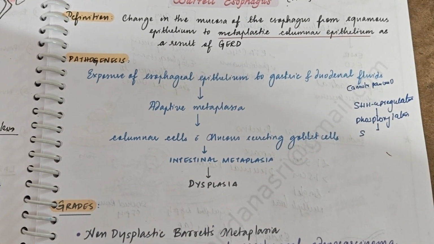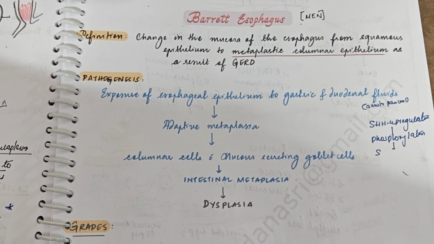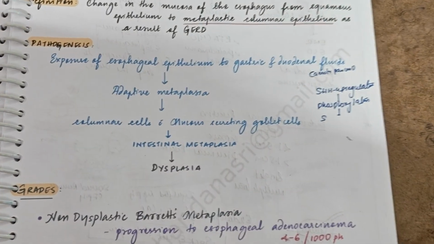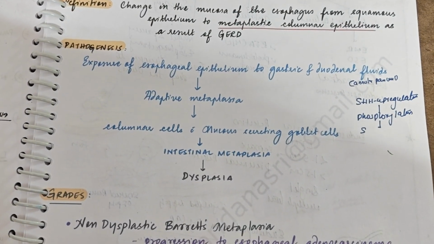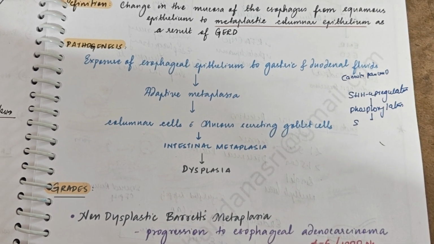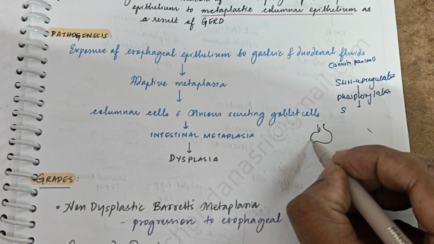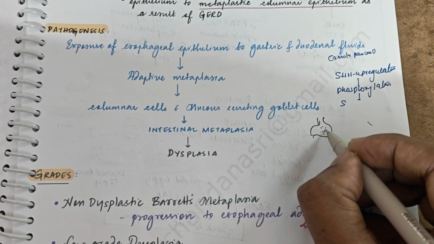Now, let us understand how Barrett's esophagus is formed, or how it occurs. In this, you have exposure of esophageal epithelium to gastric and duodenal fluids. This is the stomach here, and you have the gastric contents.